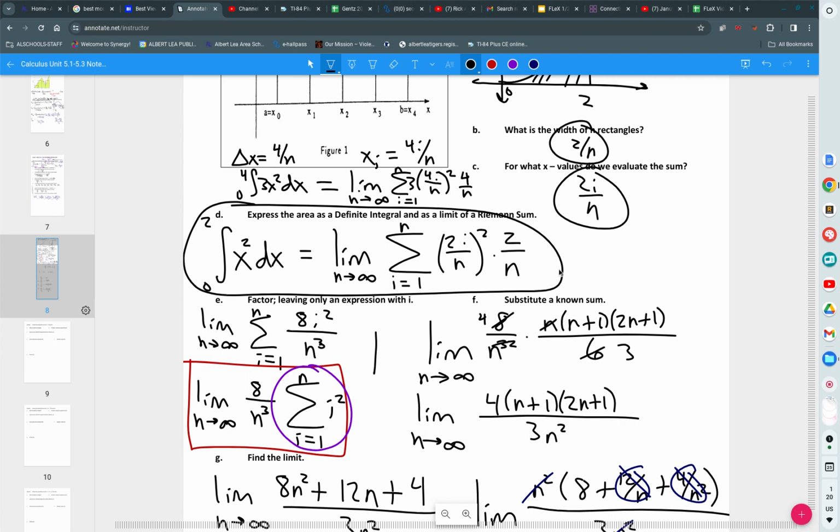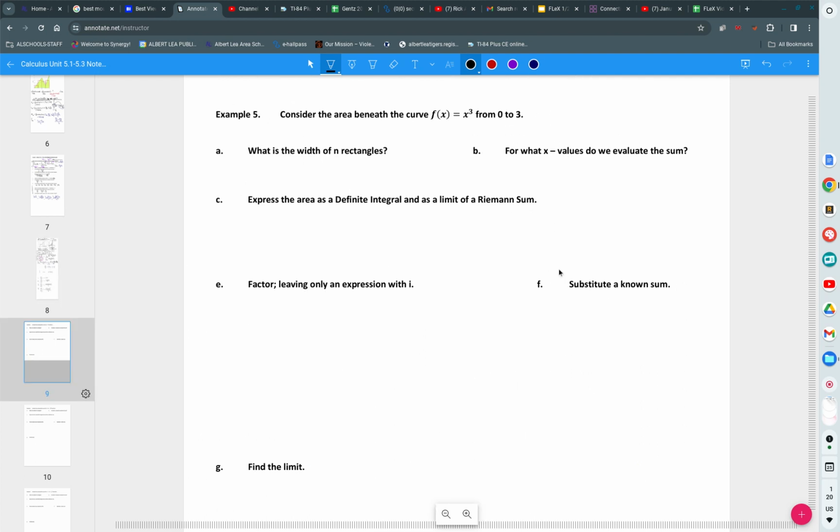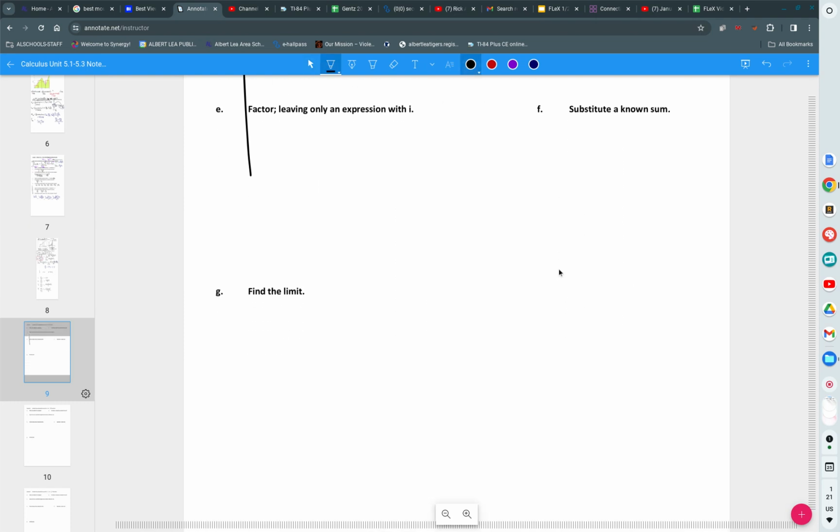Good, so you're doing a lot of things exactly right. Just be clear, this is 3 over 1. So it's just that on the bottom. So here's how you wanna write it, okay? Wait, are you done? Yeah. Good, is that right? Good. So you have the limit as n goes to infinity of the sum from i equals 1 to n of, and you had 192 i squared over n cubed, right?